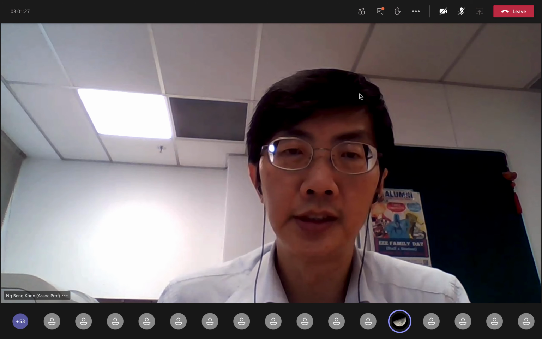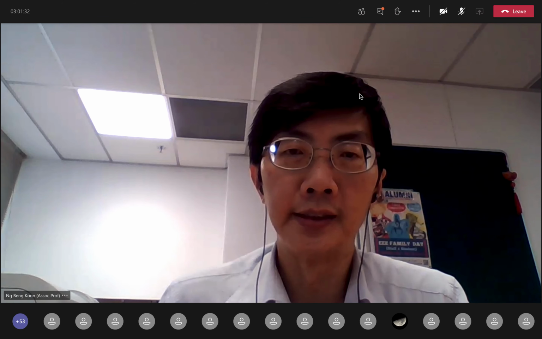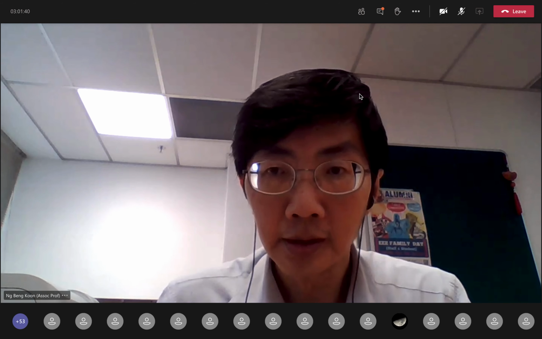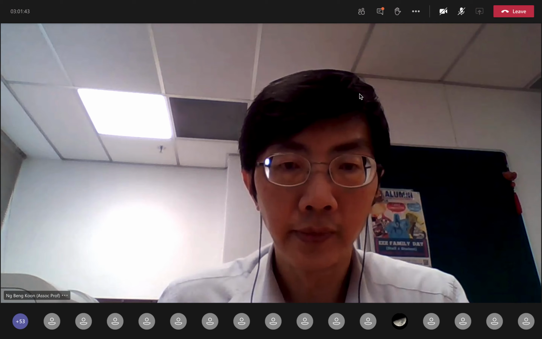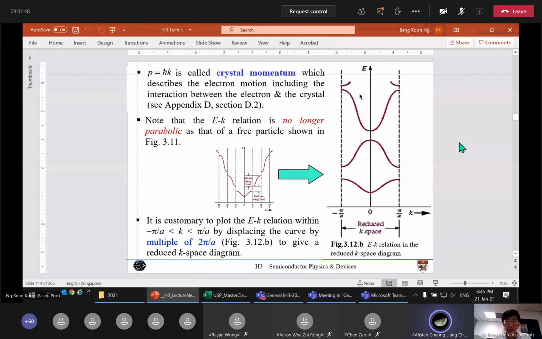First of all, you need to understand this. I think you're talking about this, right? I think you may have mixed this up with the one where you show the energy splitting and eventually they come to equilibrium. These two graphs are different. This is E against k, energy against momentum.